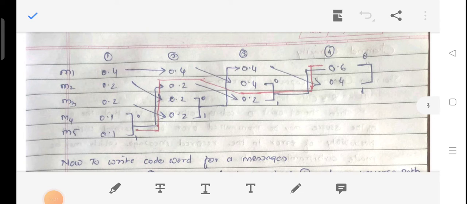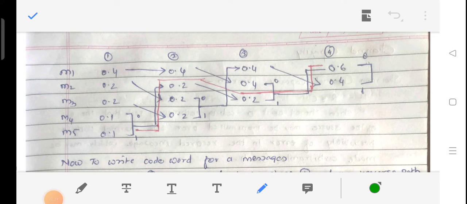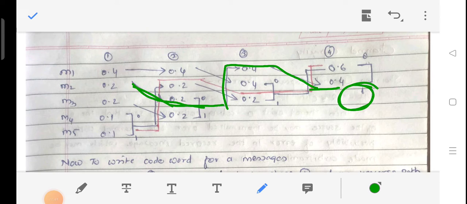Now to find the path for M2, where is my M2? The path for M2 will first go in the forward direction and then in the backward direction. So this is my path for M2. If I move in the reverse direction on the same path, I'm getting here this one and here, sorry, not this one, this 0, because we are considering the upper message.